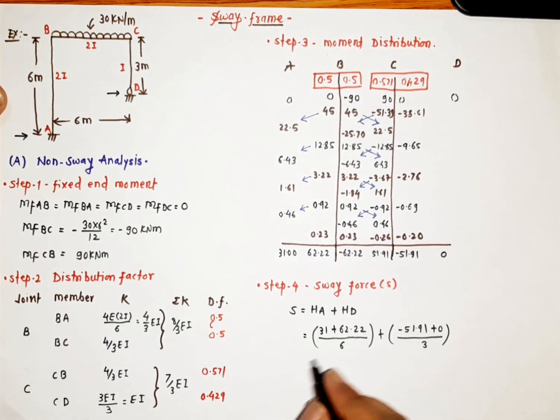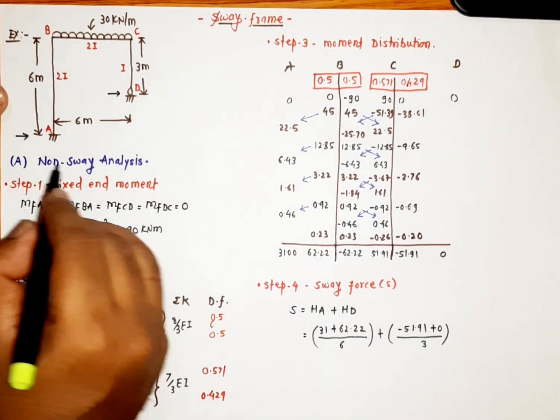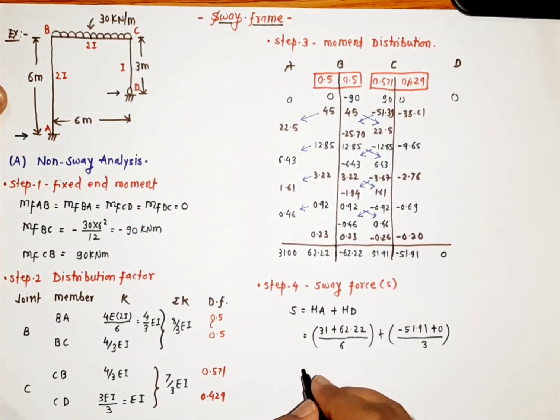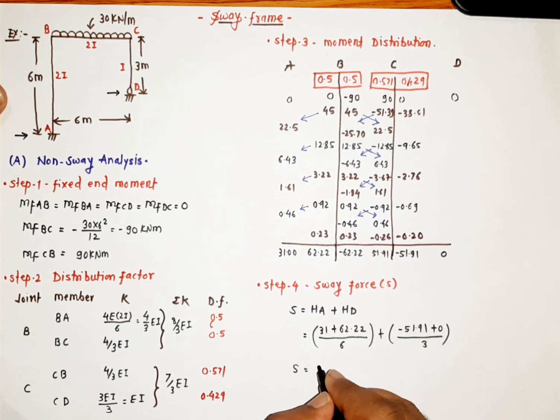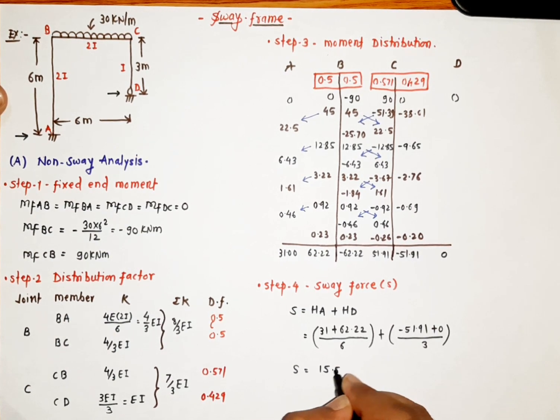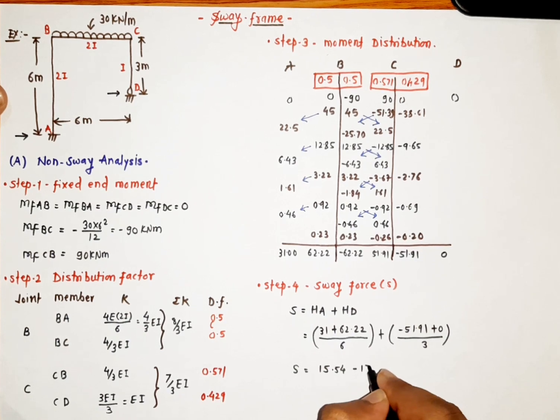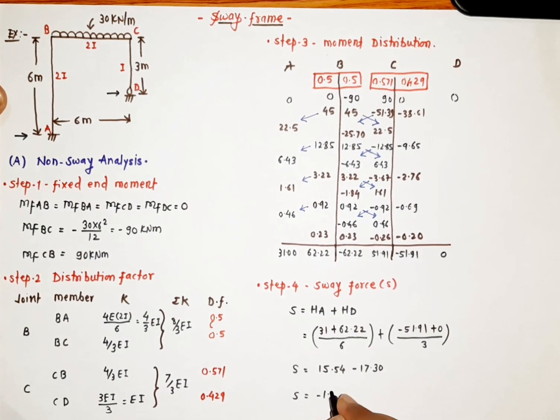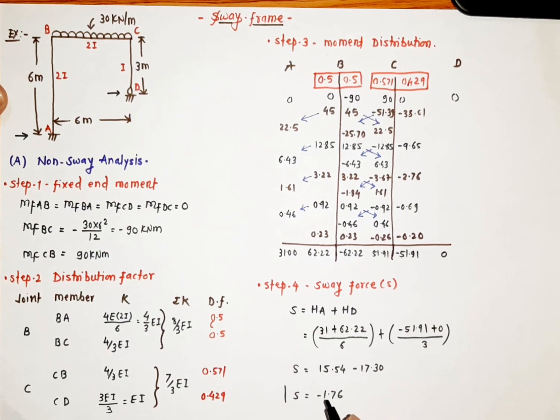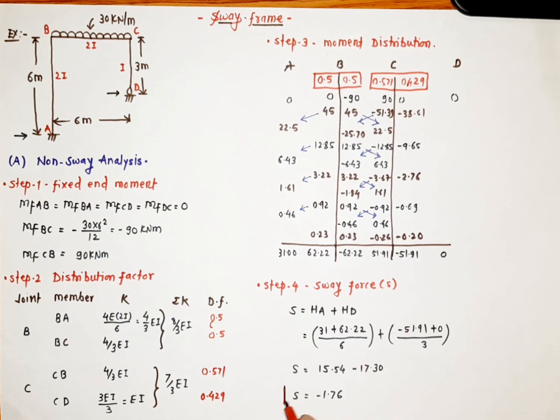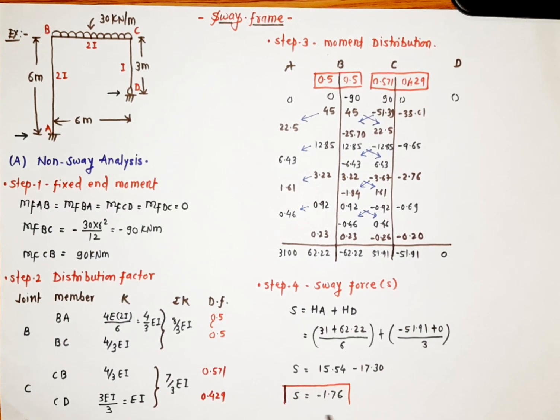So we'll get the sway force due to the non-sway analysis, that can be written as S is equal to 55.54 minus 17.30. So sway force is equal to minus 1.76. So this is all about the sway force due to the non-sway analysis, which completes our step number 4.